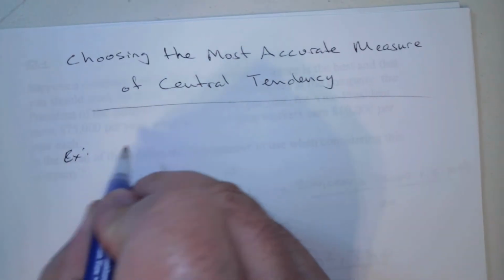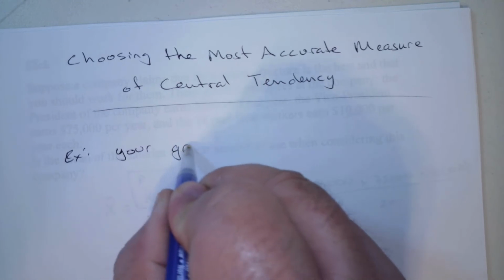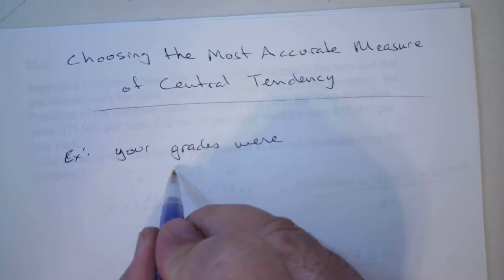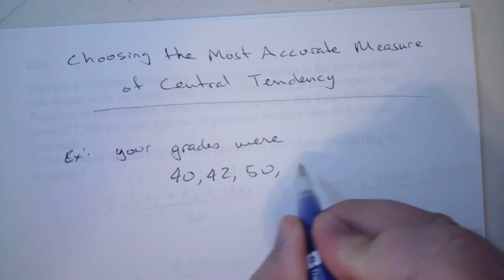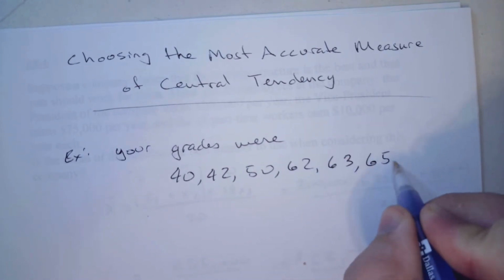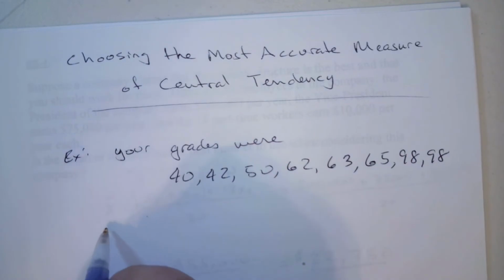Example. Suppose your grades were 40, 42, 50, 62, 63, 65, 98, 98.